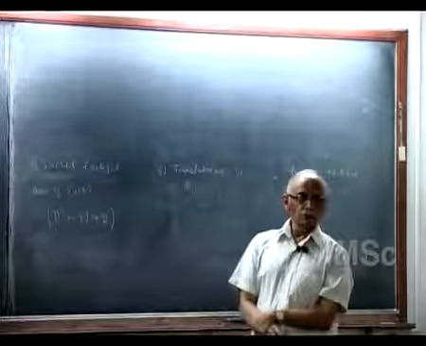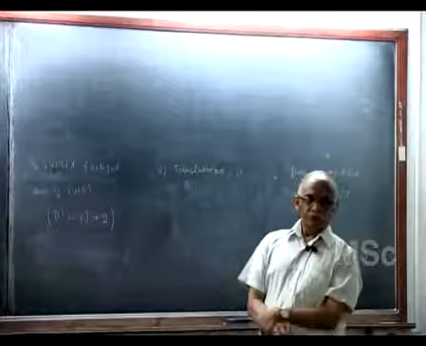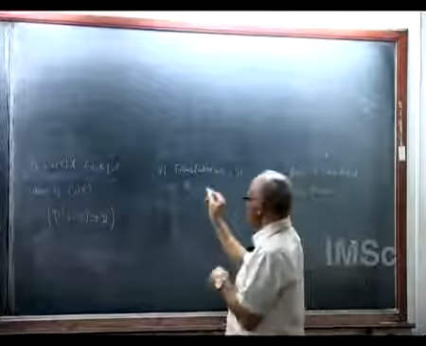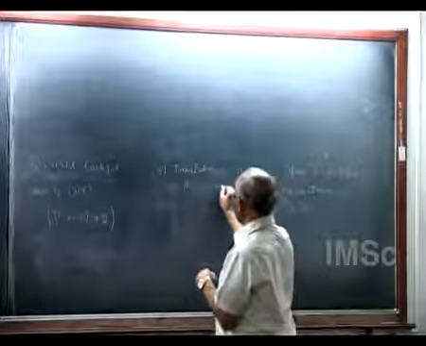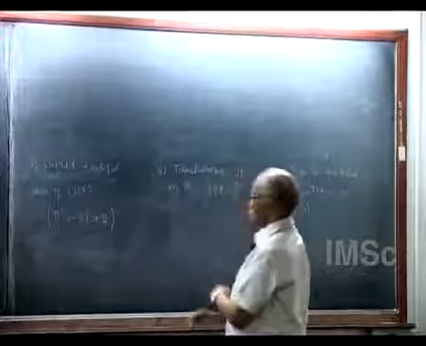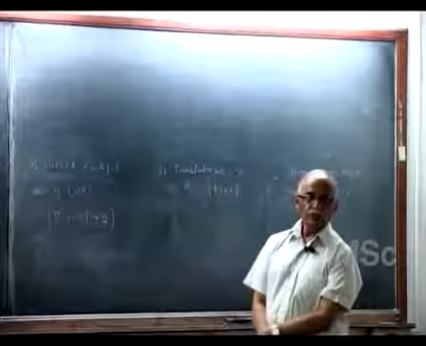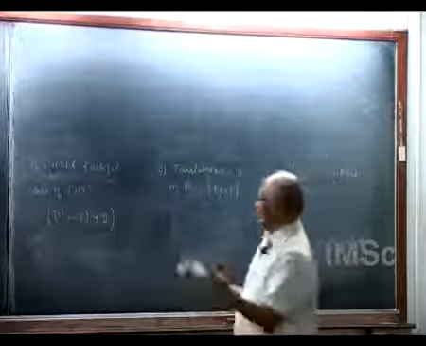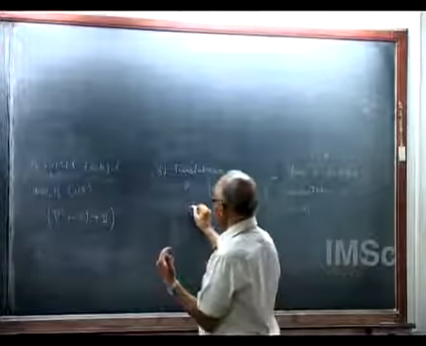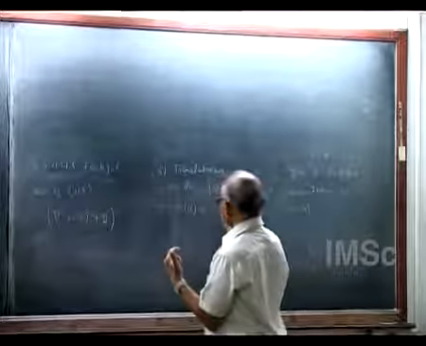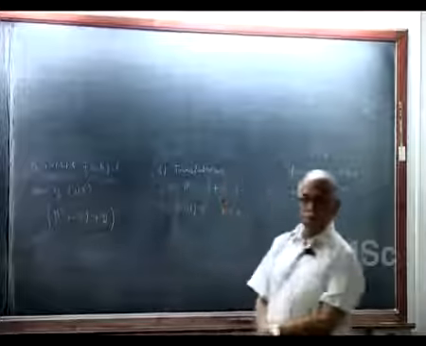The way you define a translation, so this consists of some TA. How do you define it? TA acting on x is x plus a. That is how you define it.